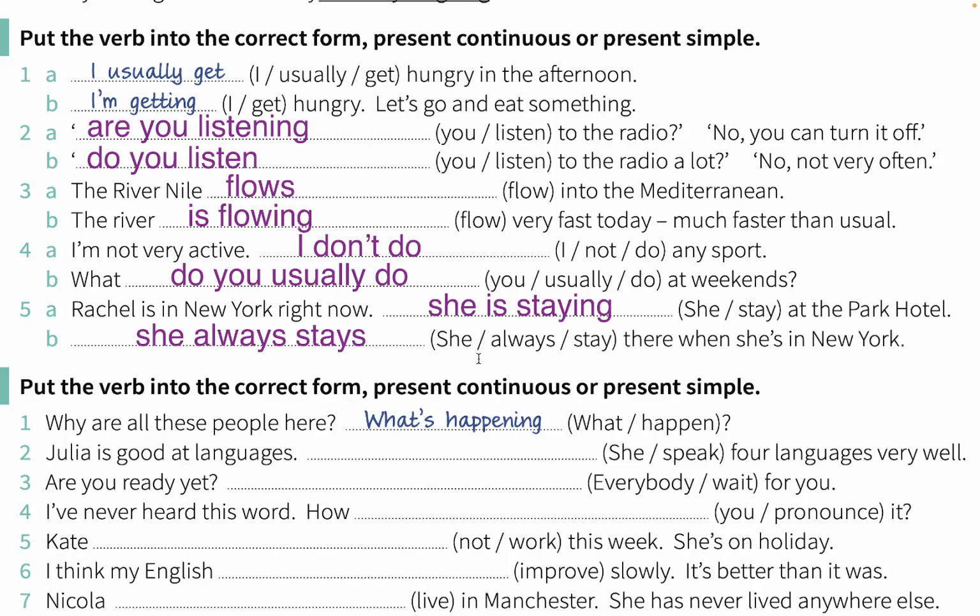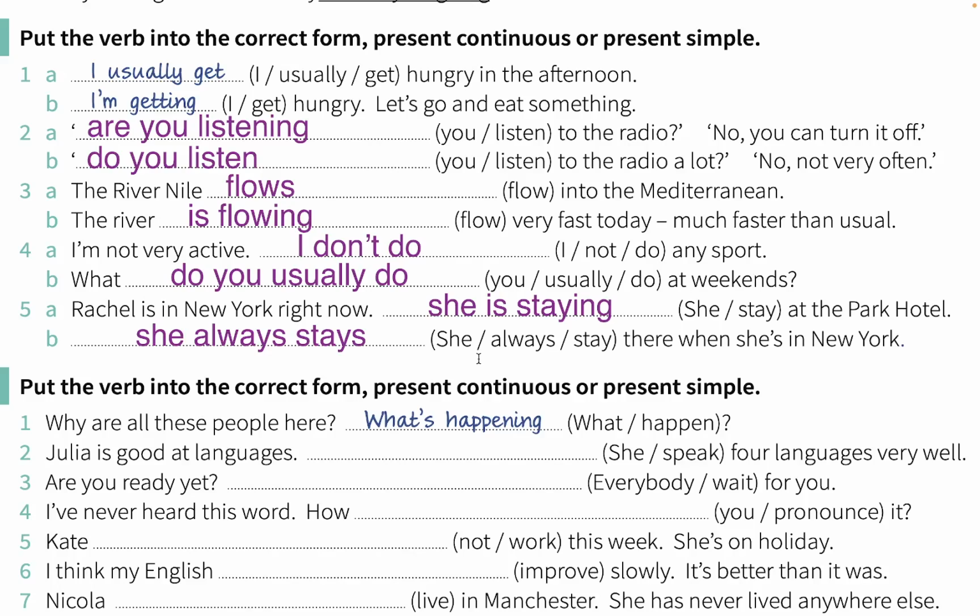The 5A is using the present continuous and 5B is using present simple. The word always explains that she always stays. As long as she's in New York, she stays permanently when she's in New York. She always stays at the Park Hotel.